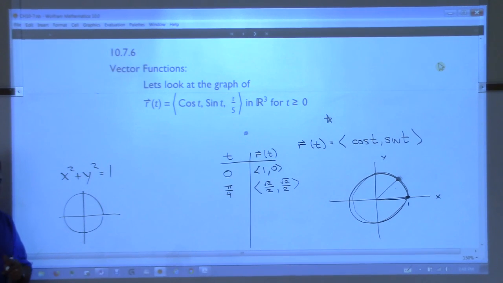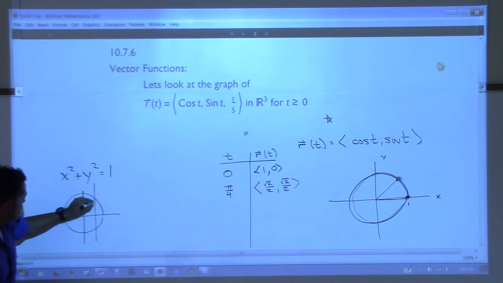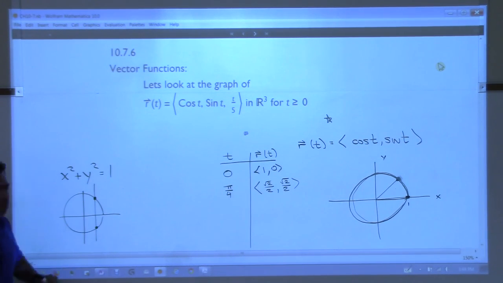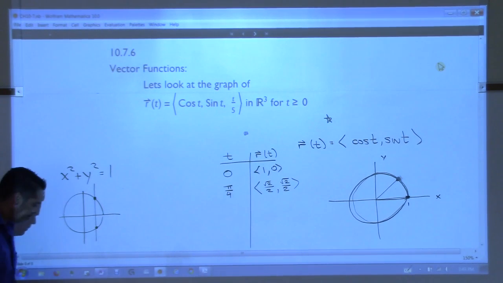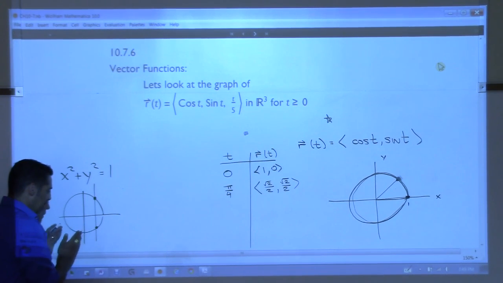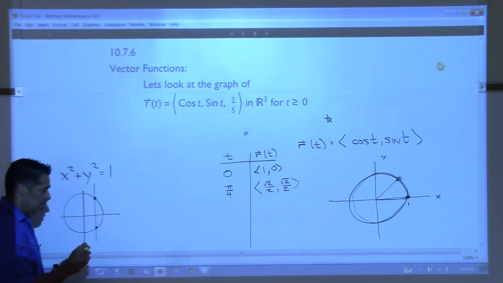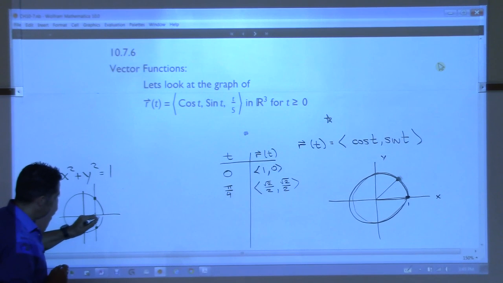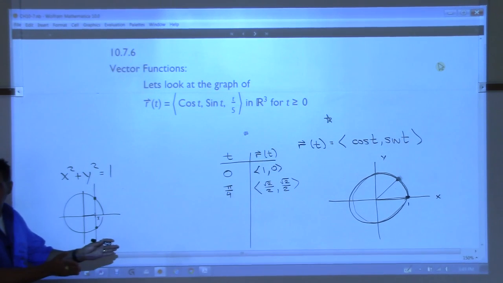Why is it not a function of x? It fails the vertical line test, right? It hits at 2 places. We all know the vertical line test, right? Now, I want you to understand what's happening here. If I plug in a value of x, it's going to spit out 2 y's.